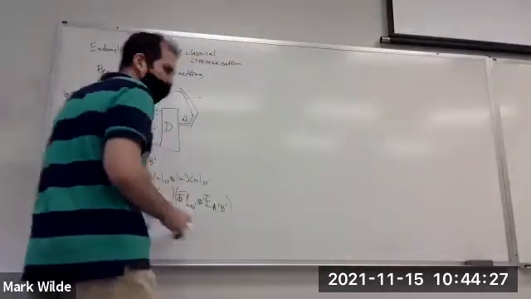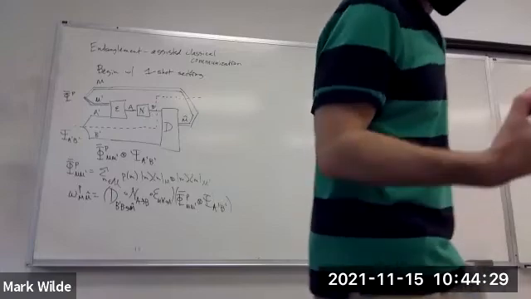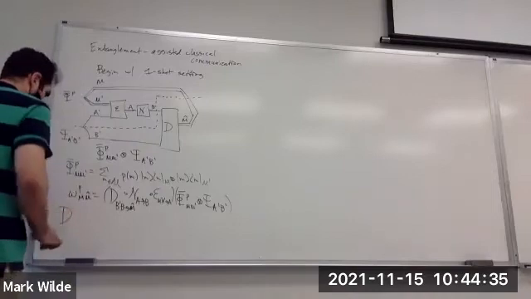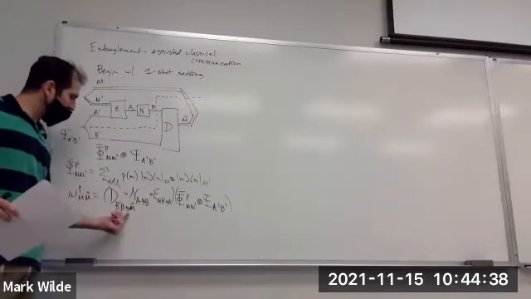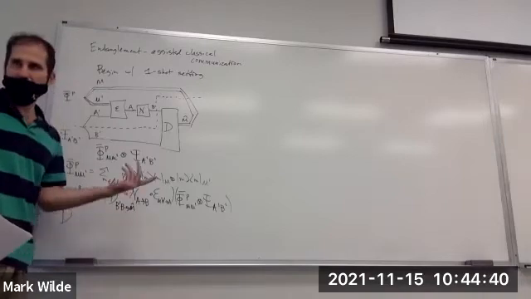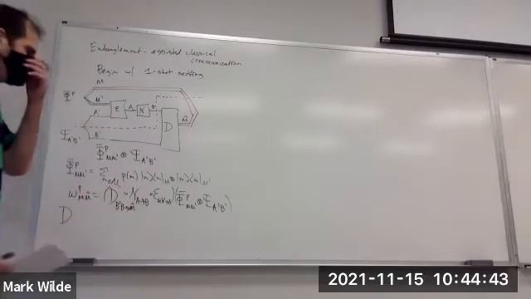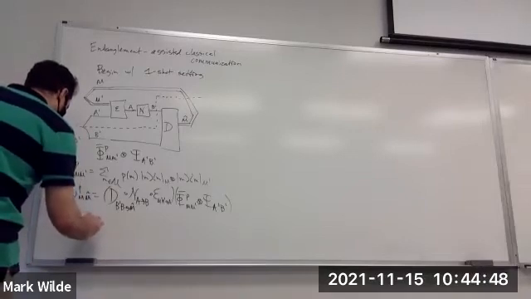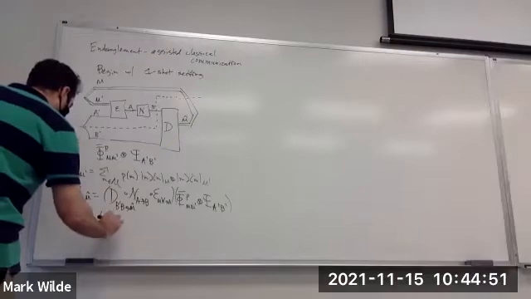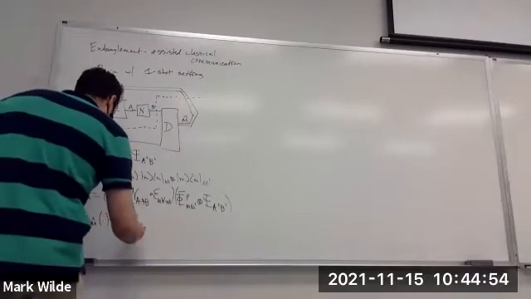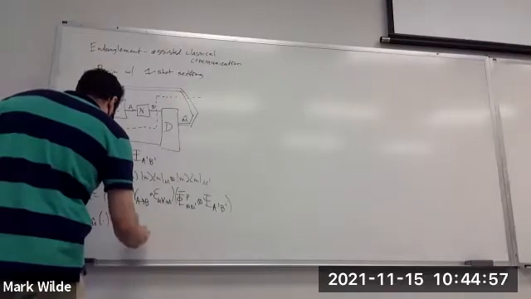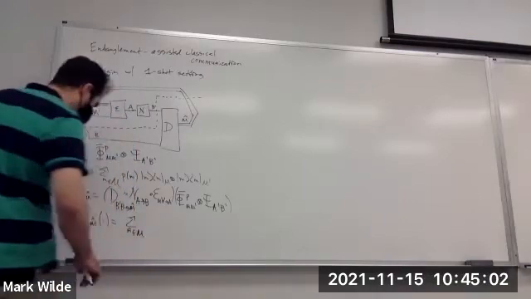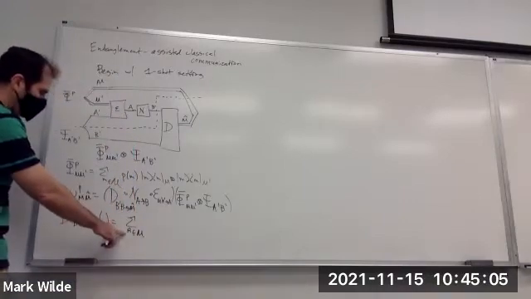The decoder is a measurement channel. Right, it's going from two quantum systems to a classical system, and that's what a measurement channel does. So there's some POVM, with elements lambda, summing over little m hat.